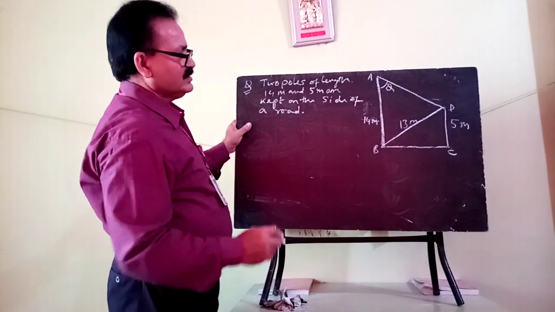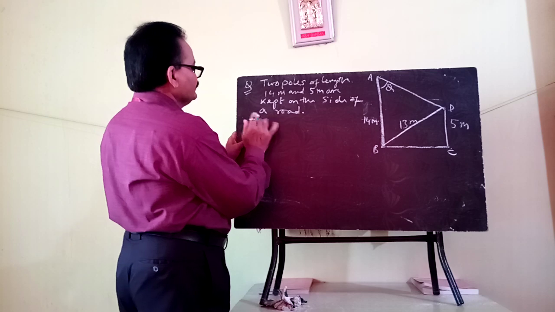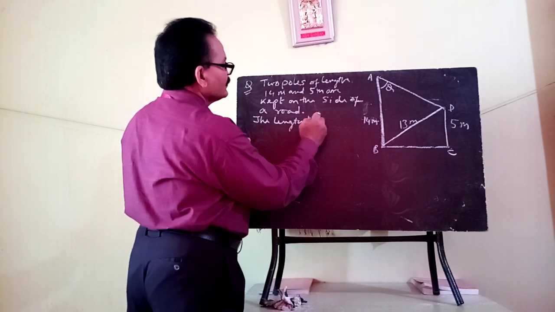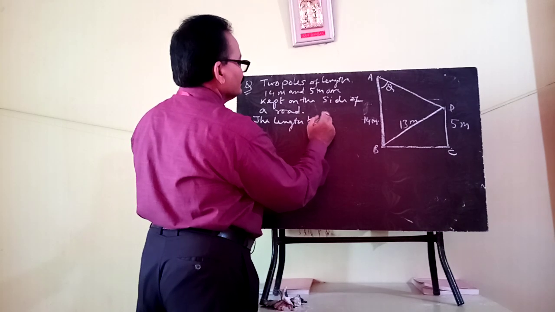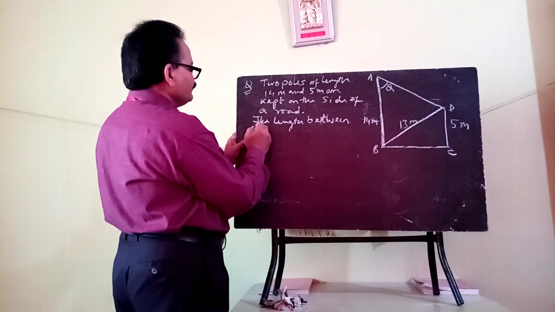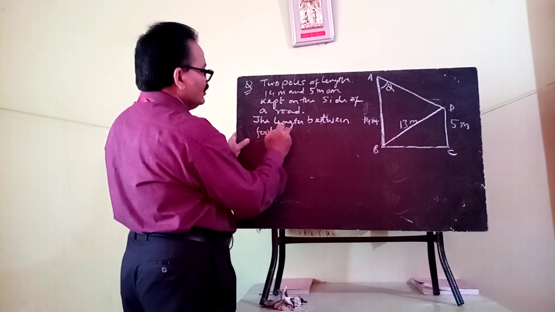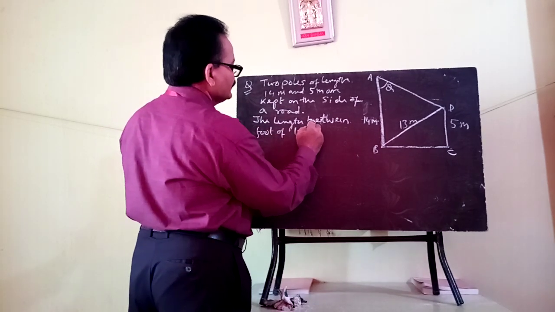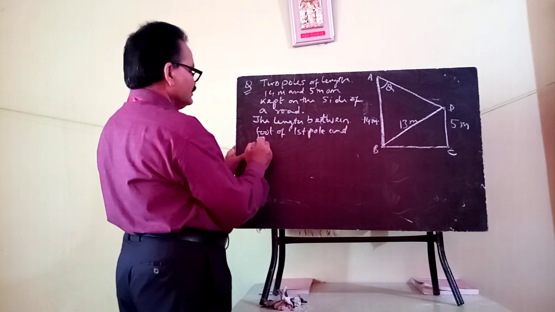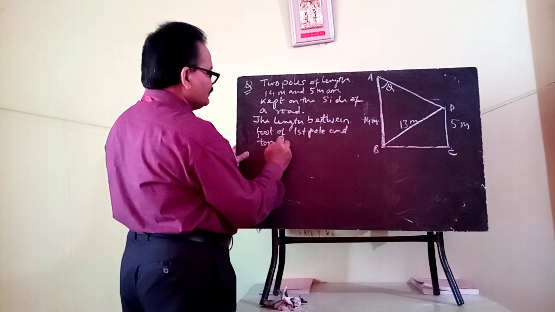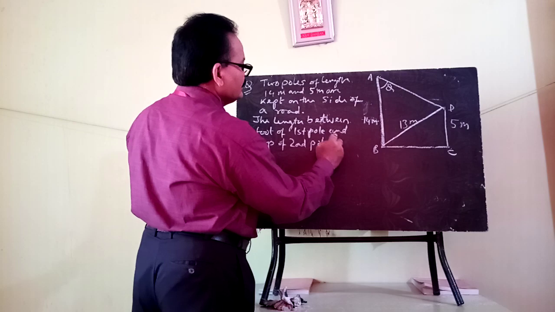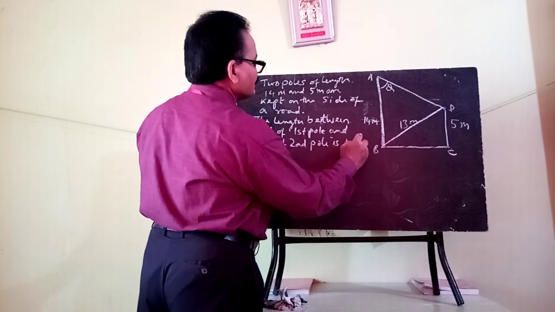The length between the foot of the first pole and the top of the second pole is 13 meter.